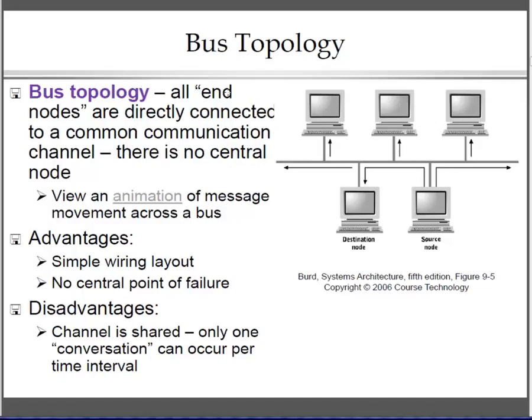All end nodes are directly connected by a driveway to that common communication channel, Maple Lane. There is no central node to speak of. So if, say, from your house here you want to walk to this house down here, you go out your driveway, you walk down the street, you go up his sidewalk, and bingo, you're at his house.